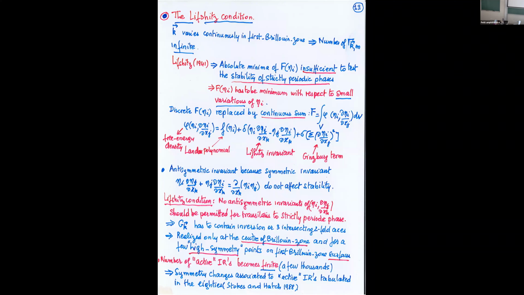Now there is a condition that has been proposed by Lifshitz, which reduces the number of irreducible representations. In reality, it's a false reduction, as I will explain. It's only valid if you want a transition between strictly periodic structures. But people discovered after some time that sometimes the low symmetry structure is not strictly periodic.